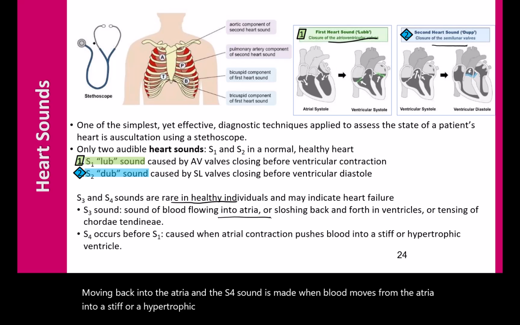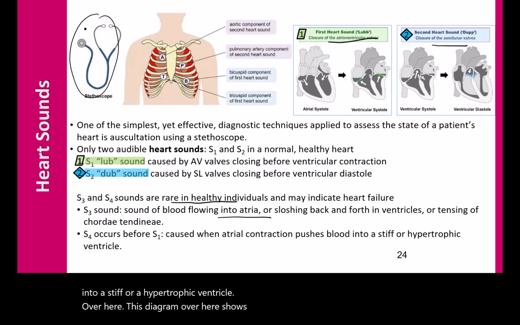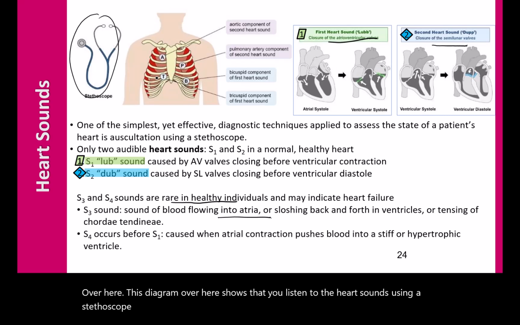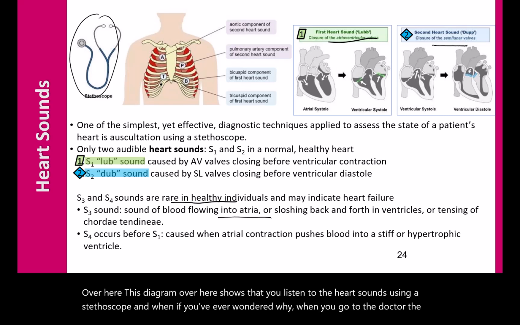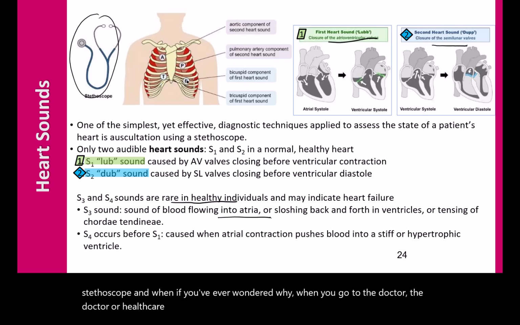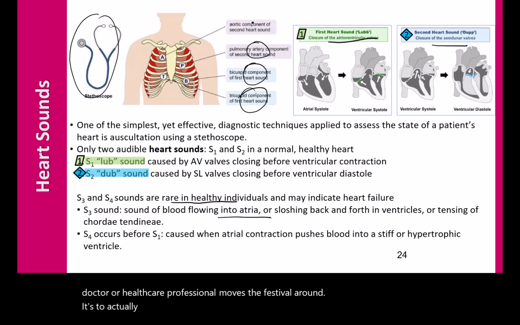This diagram shows that you listen to the heart sounds using a stethoscope, and if you've ever wondered why, when you go to the doctor, the healthcare professional moves the stethoscope around, it's to hear how the different valves function.